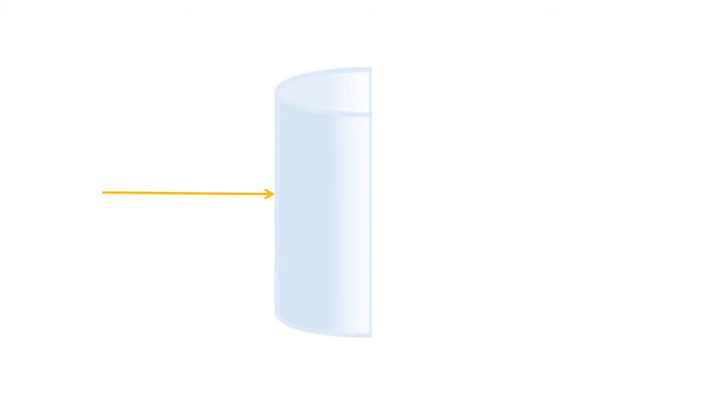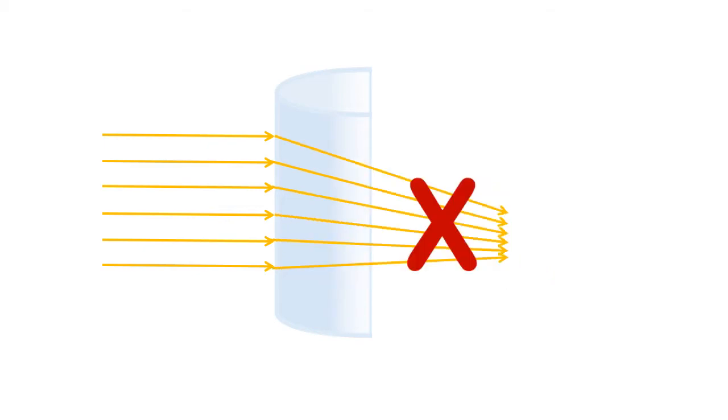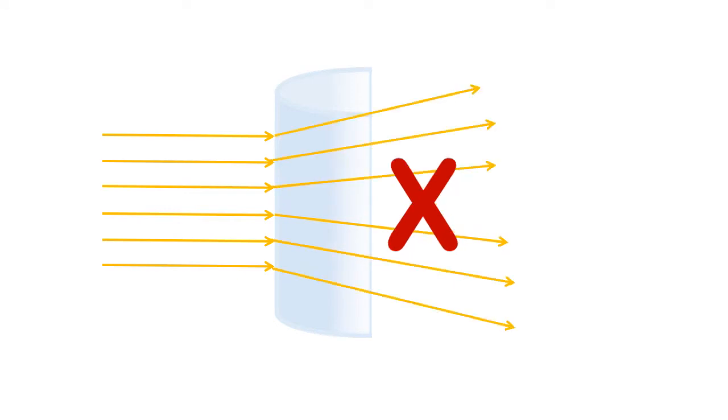So when light rays pass through here, the vertical surface is not going to converge or diverge the light rays. The light rays will maybe refract, but they'll come out parallel if they went in parallel.